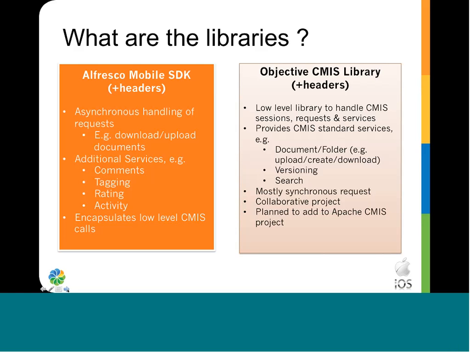There are other services like the person service. And we encapsulate low-level CMIS calls so that you don't have to catch up on the Content Management Interoperability Services standards. That's actually shielded away from you.